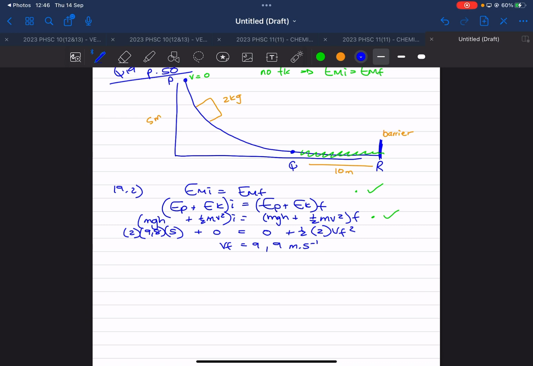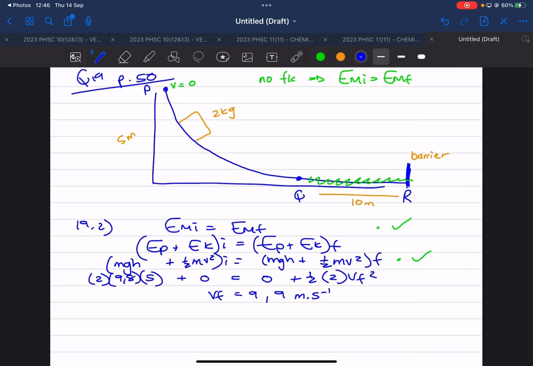Okay. Then they say the box passes point Q. So this is the velocity 9.9. The box passes point Q and moves 10 meters on a rough horizontal surface. Rough.